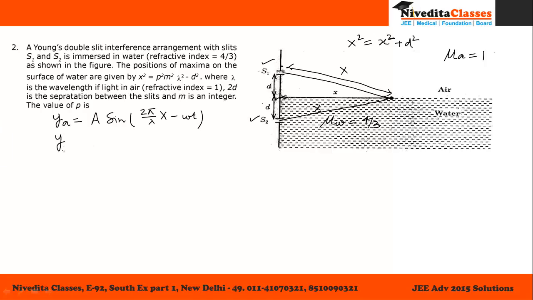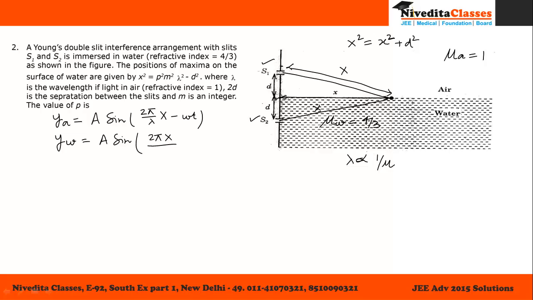Similarly, writing the amplitude for the wave which is coming from the S2 slit, we will write y is equal to A sine of 2 pi, and the distance travelled is the same for this wave also, that is capital X, divided by the wavelength of the wave which is coming from slit S2. Now the wavelength, as we know, is inversely proportional to the refractive index.